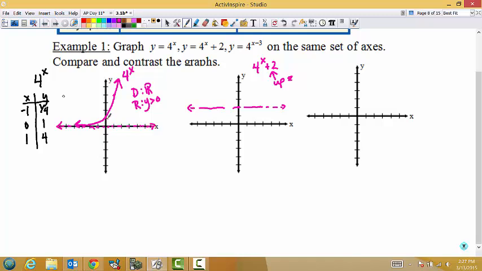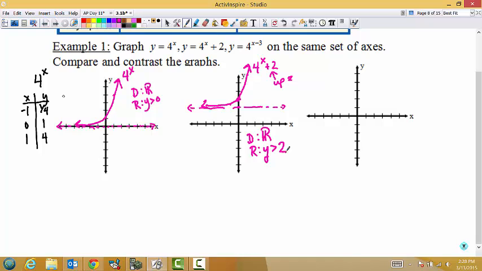And every point that I had, a point at 0, 1, now it's going to be at 0, 3. I had a point at negative 1, 1/4. Now I'm going to have one at negative 1, 2 1/4. I had one at 1, 4. Now I'm going to have one at 1, 6. And you connect your dots. Domain, all real numbers. Range, y is now greater than 2, because it's always going to be related to your asymptote.